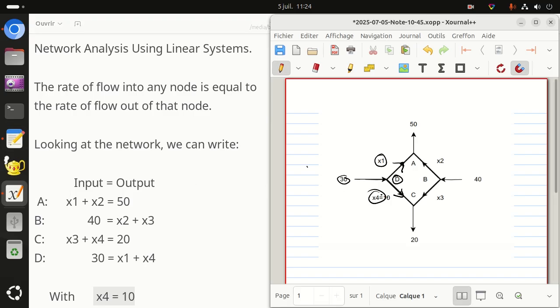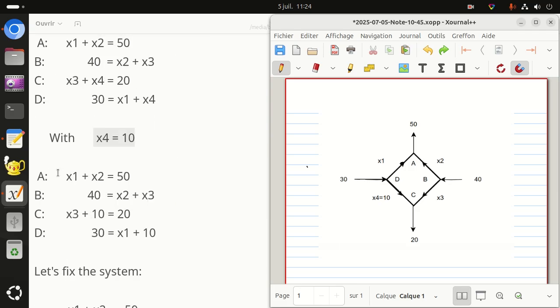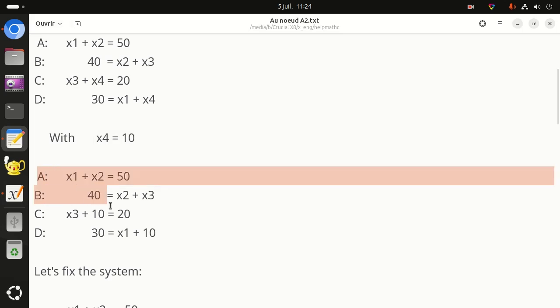I have written here that x4 equals 10. Now I want to analyze this network. I rewrite this equation in this way.